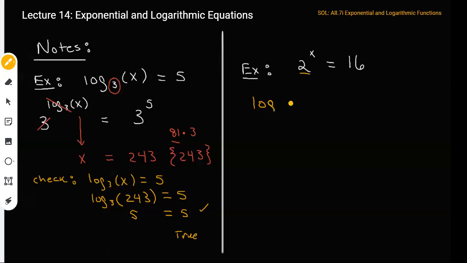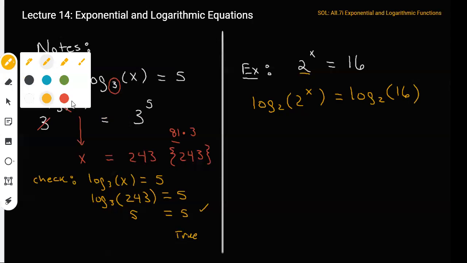So I'm going to take the logarithm base 2 of the left side. And I'm going to take the logarithm base 2 of the right side, 16. So all I'm doing is taking the logarithm of both sides with respect to that base that we just found.